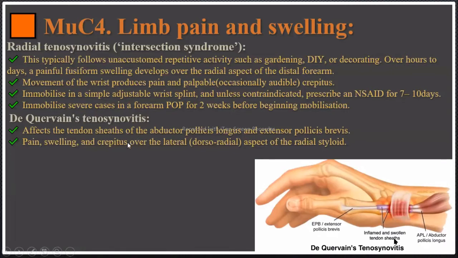Anyway, most of these symptoms or features are because of repetitive injury, non-traumatic. So both of them are the same. You will give analgesia, so immobilize with a simple wrist splint unless contraindicated. You will give non-steroidals for 7 to 10 days. Immobilize severe cases in the forearm. You will do plaster of Paris for 2 weeks, like a back slab, for 2 weeks before beginning mobilization.